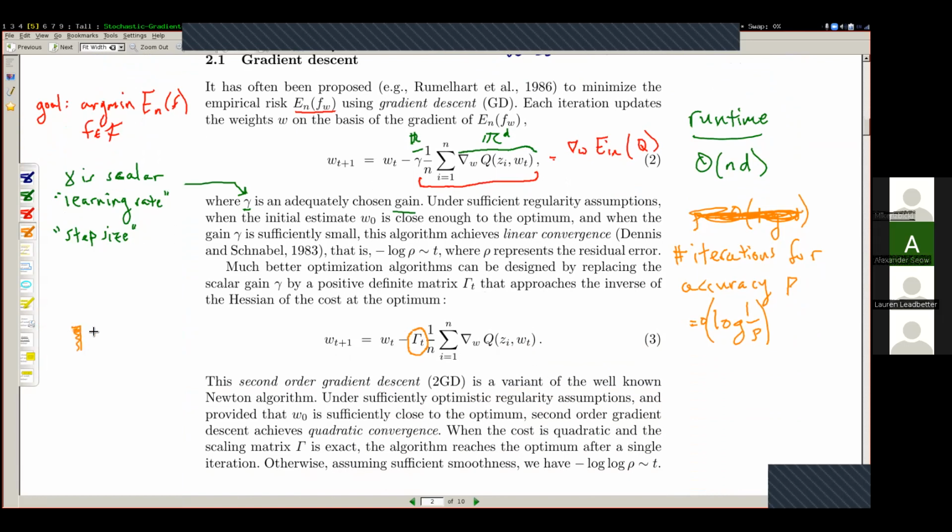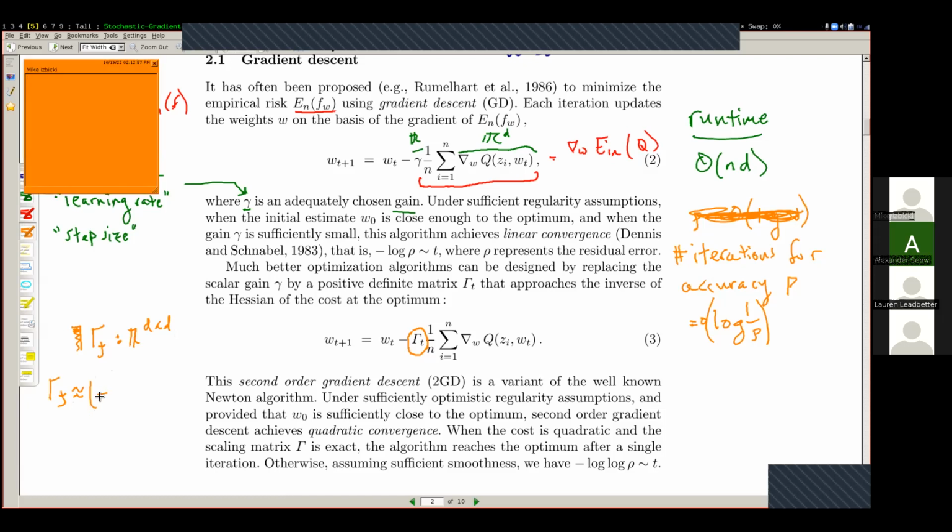Gamma sub t is a matrix in R to the d by d. And somehow gamma sub t should be approximately equal to the inverse of the gradient with respect to w squared of our Q function.